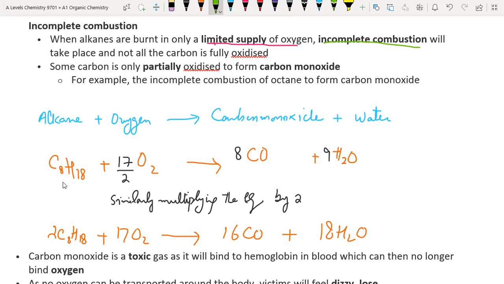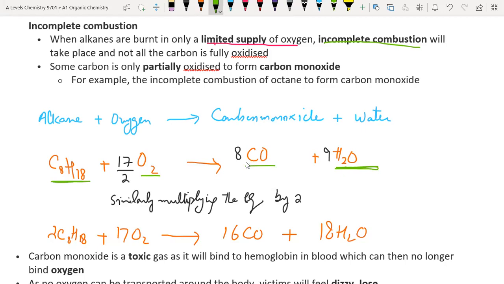When octane is burned in a limited supply of oxygen, it will produce carbon monoxide and water. Similarly, we can balance this equation like we have done in the above equation. 8 carbon monoxide are produced according to this compound, and 9 water molecules will also be produced.